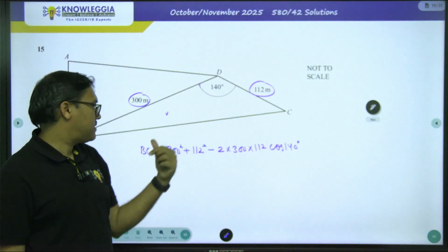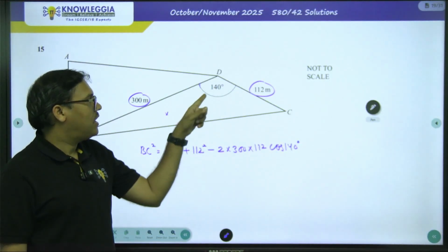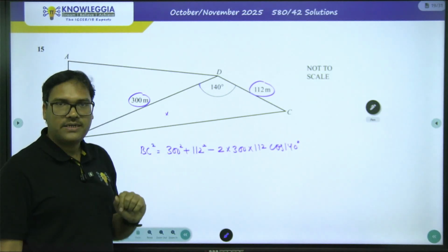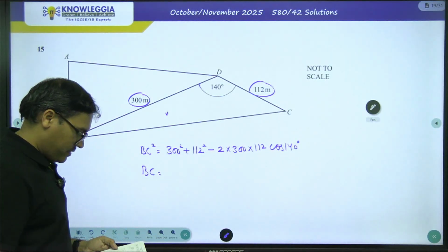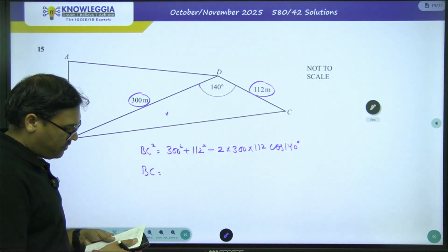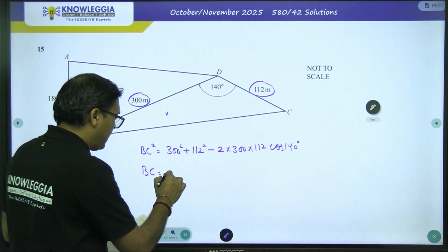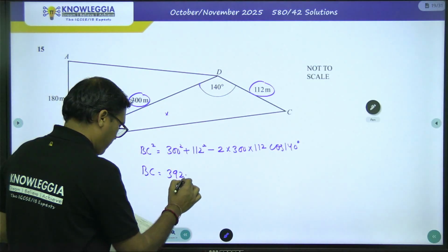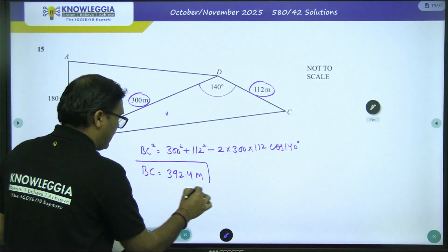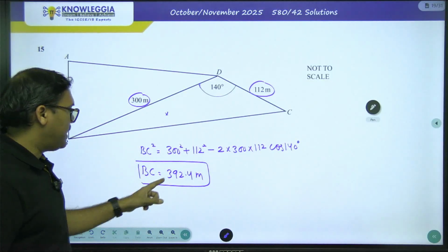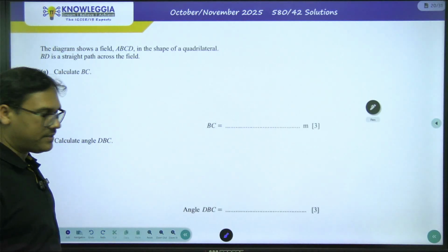Adjacent sides squared, that is 300 square plus 112 square, minus twice their product, cos of 140 degrees. Now just take the square root of this. You will find the value of BC, which is 392.4 meters. This is just the calculation which you have to do.